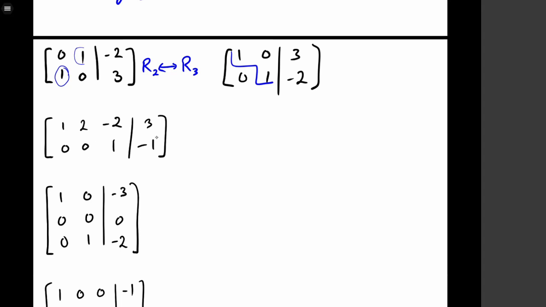The second one, is this in row echelon form? Well, it is. This is in row echelon. But it's not in reduced row echelon. Why is it not in reduced row echelon? Well, here's our leading 1. This is good. Your first row should actually always have a leading 1 in the top left corner.